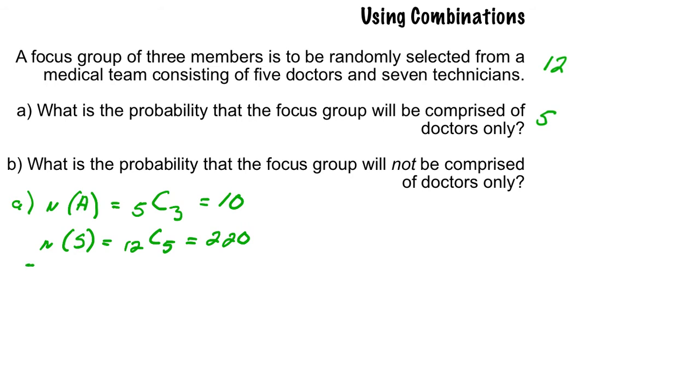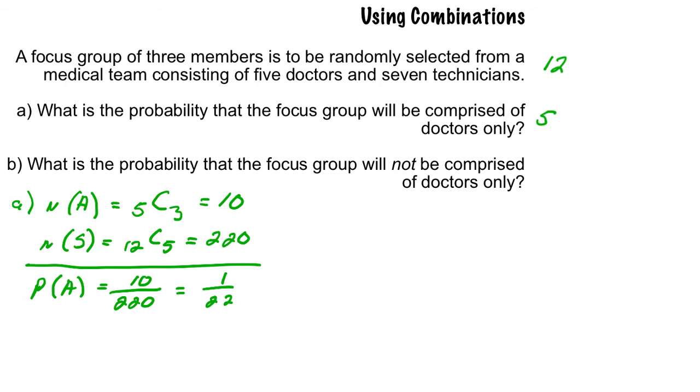So the probability of A occurring, doctors only, would be 10 out of 220, which will reduce to 1 out of 22. Incidentally, the odds of that happening would be 1 against 21.